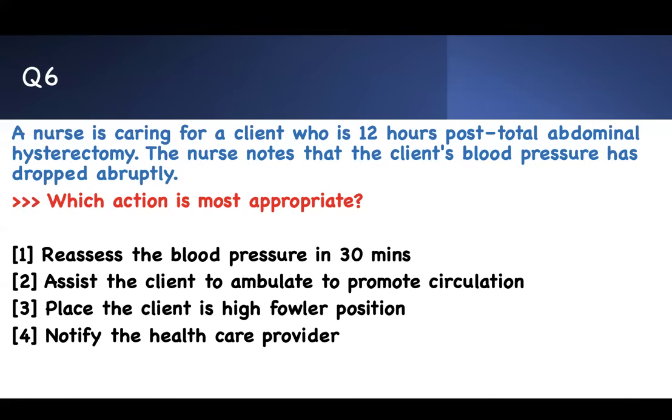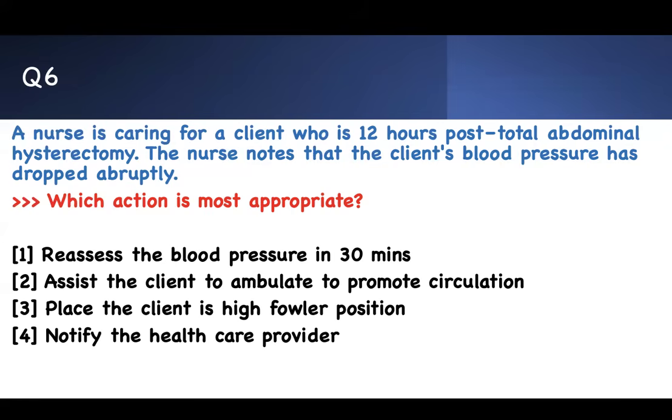This is the way I want you to think. You expect to take certain action, but the only best action is to notify the healthcare provider. If you place the client in a high Fowler's position, it is a problem. Assisting the client to ambulate, they are going to fall down. Reassessing in 30 minutes, you don't do anything.